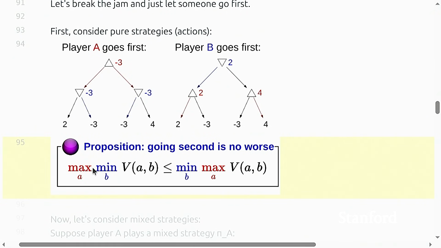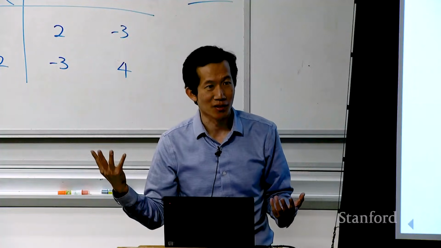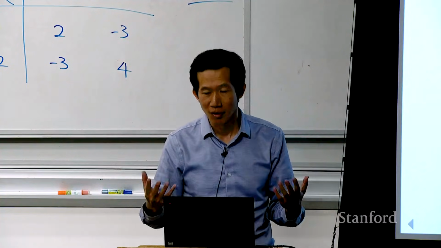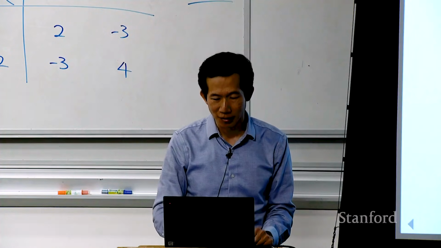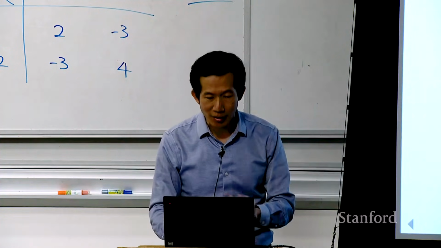Okay, so in more generality, max over A, min over B is less or equal to min over B, max over A. So going second is going to give you a higher result for player A. This intuitively makes sense because if you're going second, you see what your opponent does and you can react. And since there's no state, it's not like player A takes the card from you and now you can't take the action. You can take the same set of actions and the payoff matrix is the same. So all you're doing is getting more information if you go second. Okay, so that's for pure strategies.